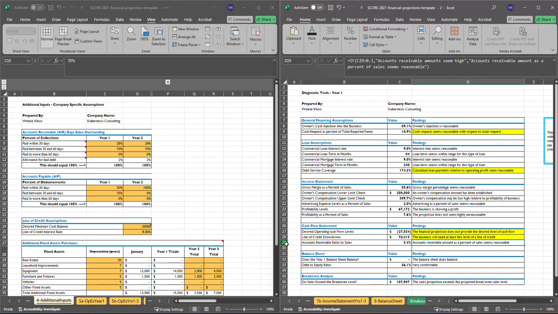And just know that means you will have to have a collection team, an AR team, that's really good about billing your customers and collecting from those customers.